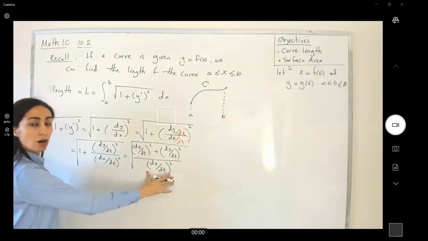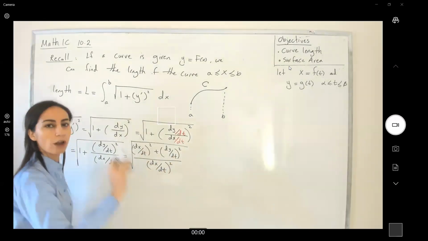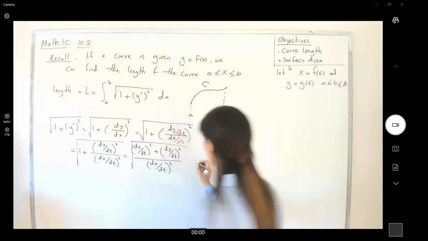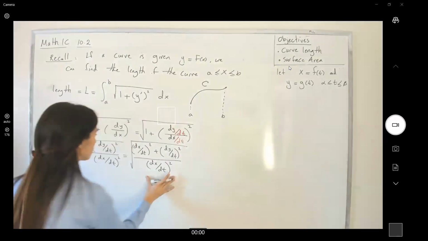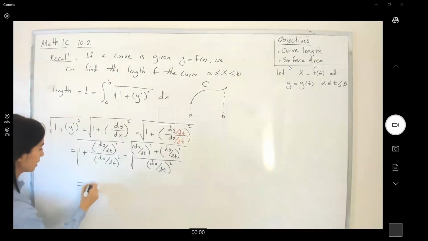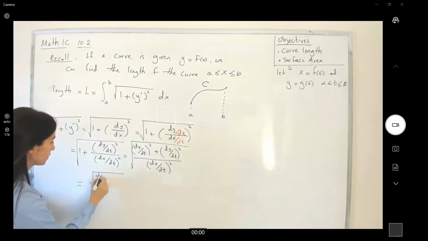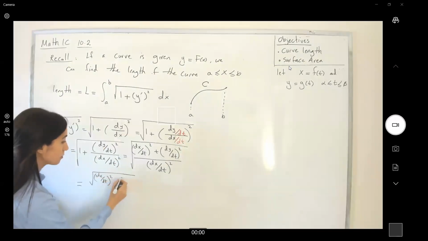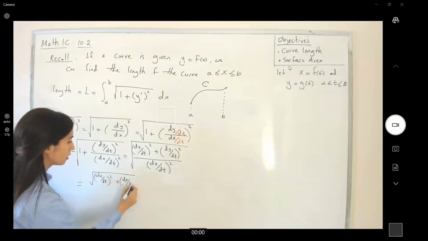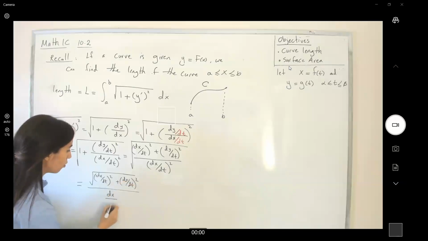Take a look at your denominator. Denominator is a quantity raised to the second power. So I can just take it outside the radical and write it this way. Square root of dx over dt squared plus dy over dt squared divided by dx over dt.